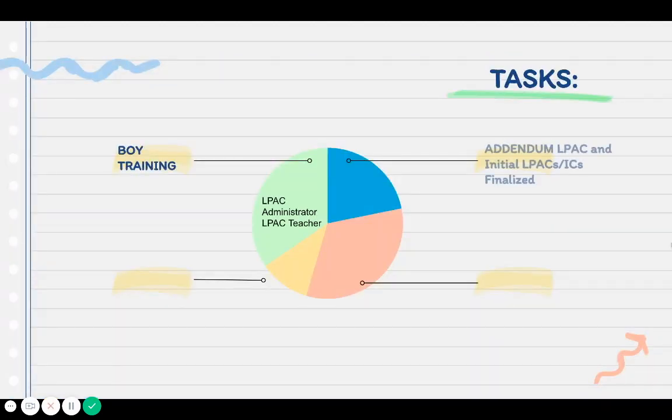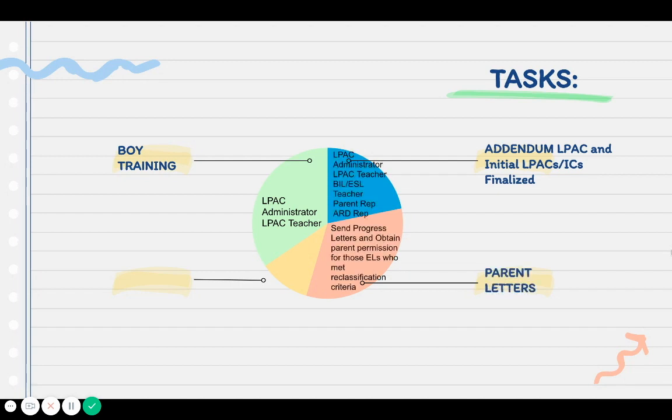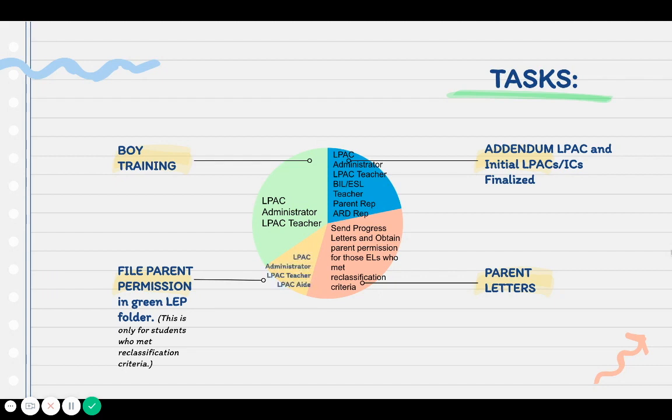For our green folders, some of the most important information that you will need to collect at the beginning of the year: the LPAC administrator and LPAC teacher, along with the parents, will meet to create the initial LPAC, addendum LPAC, and initial LPACs and instructional conversations.